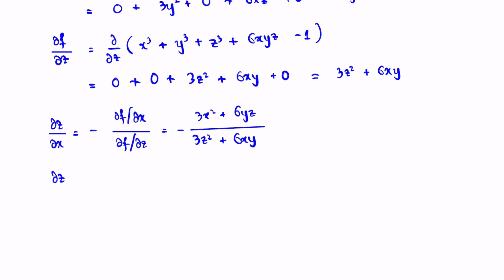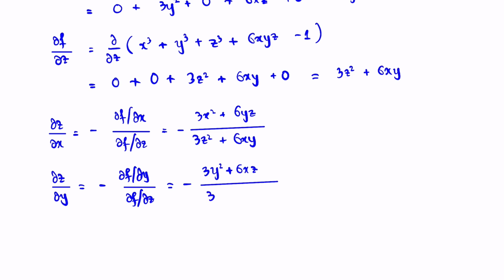Similarly, you have partial z partial y is equal to negative of partial f partial y divided by partial f partial z. So here you get negative of 3y squared plus 6xz divided by 3z squared plus 6xy.